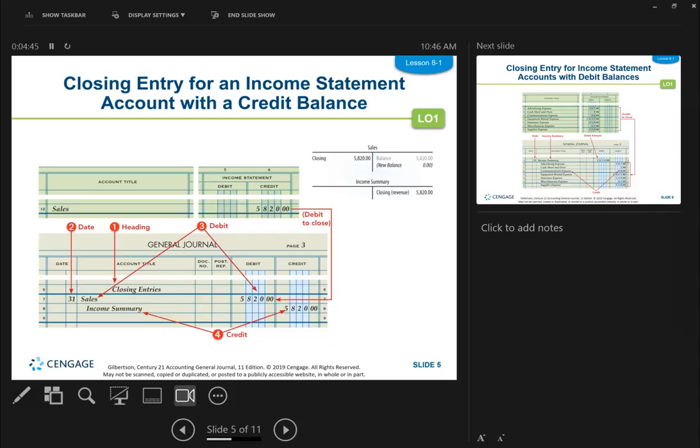To get the number, I'm going to go to my income statement, find sales, pull the credit from the sales, and that's going to be a debit on my ledger. And then my income summary will be the credit with the opposing number. Okay? So again, sales are a debit in my journal, because that's money coming in. Okay?